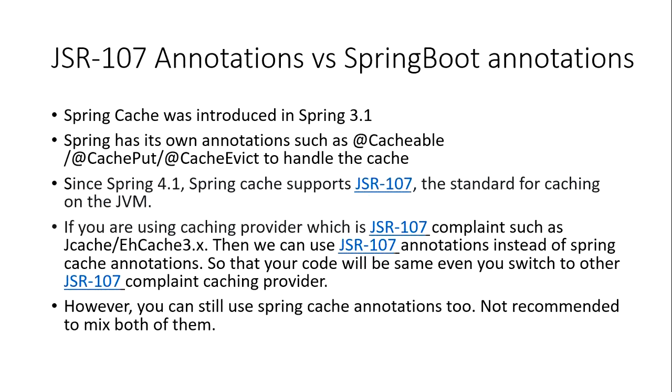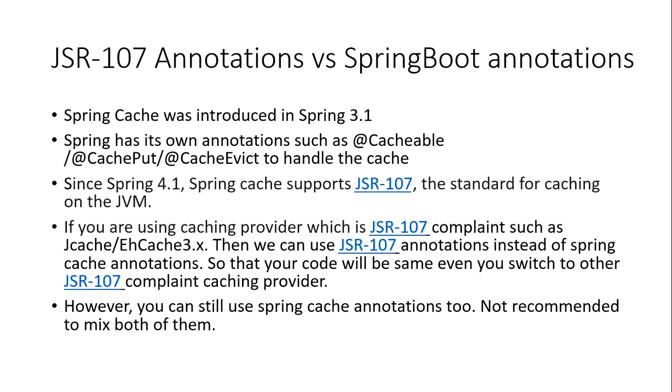Prior to Spring 4.1, Spring had its own annotations for handling caching. Now, in addition to those annotations, Spring has also given support for JSR 107, which has its own annotations. So when to use Spring's own annotations, and when to use JSR 107 annotations?